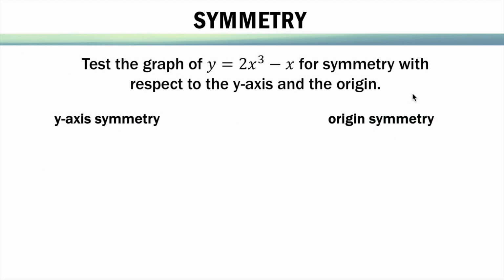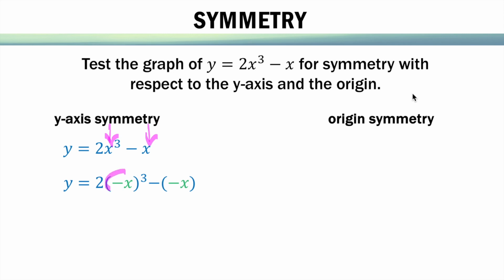So let's practice that. We're going to test y equals 2x cubed minus x for symmetry with respect to the y-axis and the origin. So to test for symmetry about the y-axis, anytime there's an x here, we'll replace those with negative x's.